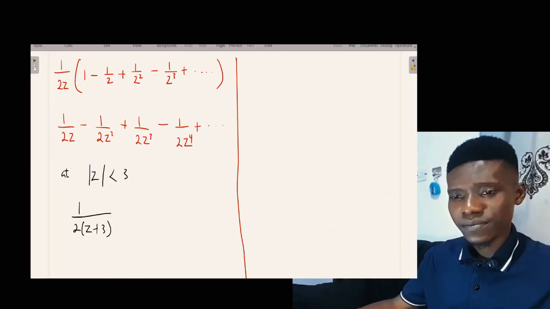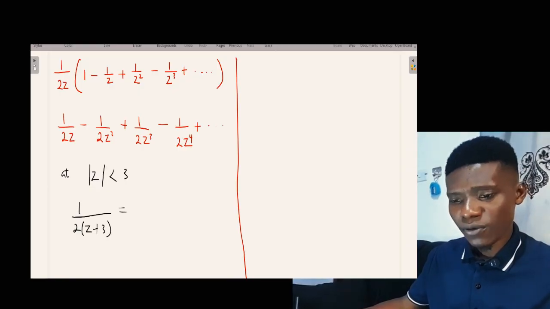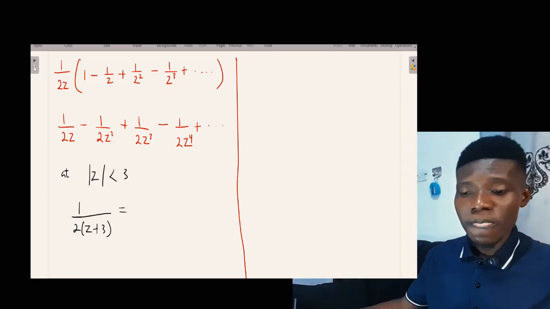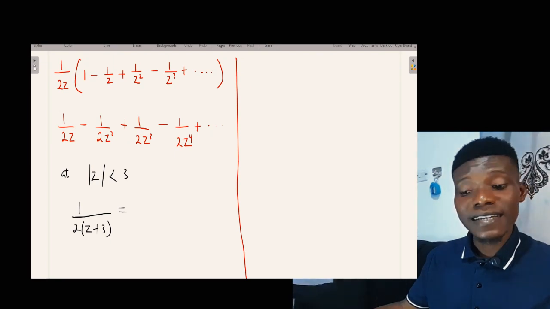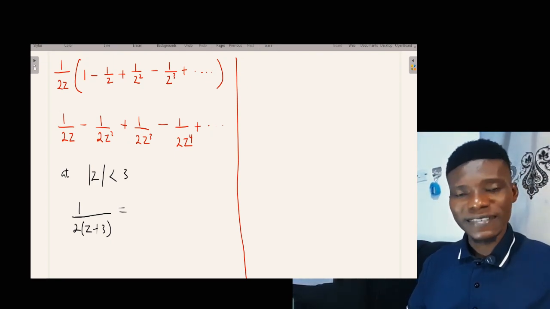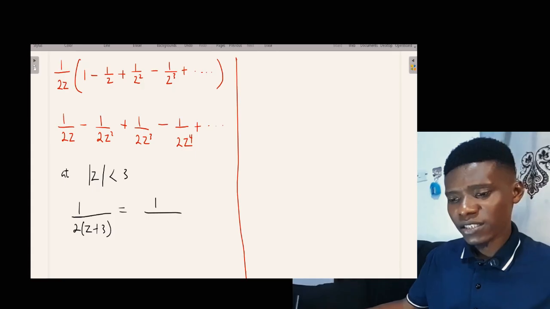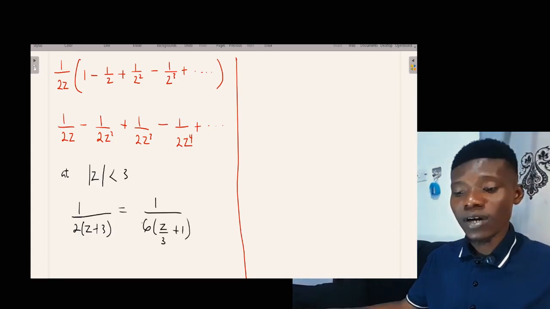Don't forget I made mention of something earlier: if you are dealing with less than, you factor the constant, but when you are dealing with greater than, you factor z. In this case we are dealing with less than, so we factor 3, the constant there. When you bring 3 outside, it multiplies 2, and you get 1 over 6 into z over 3 plus 1. So this is what you have next.